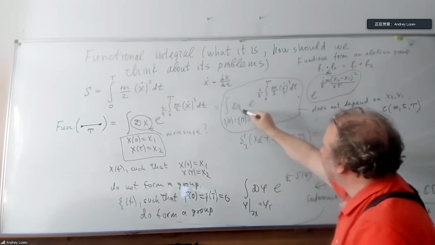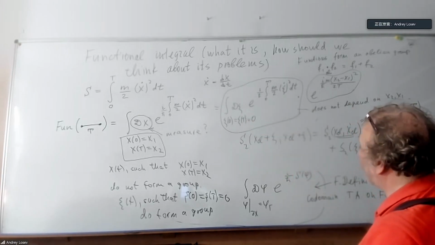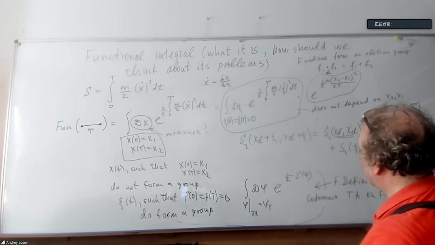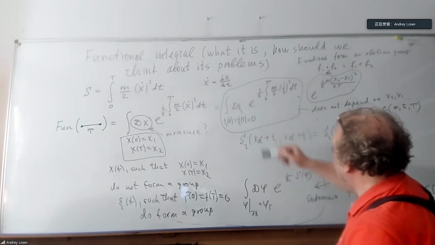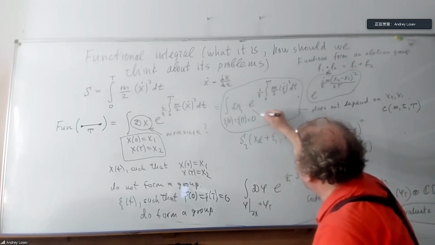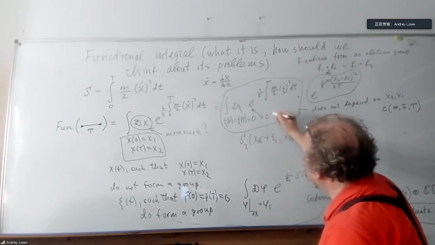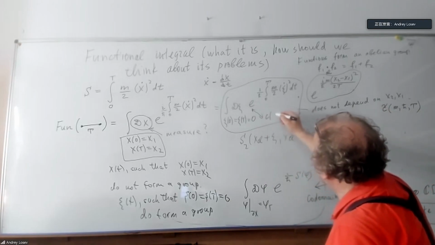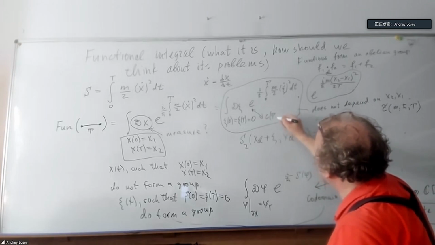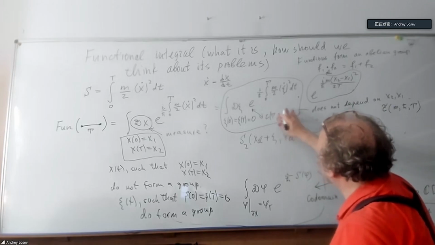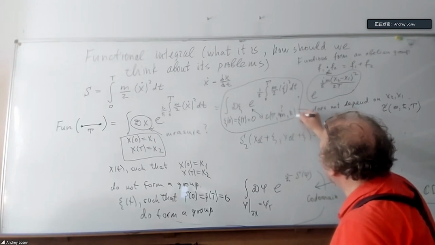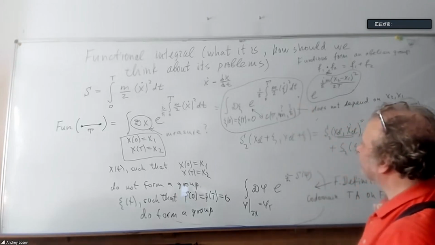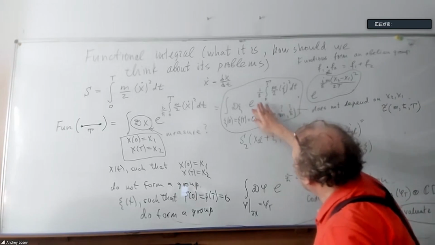This dxi was not defined yet. Because this dxi also contains some coefficient, C, that may depend on T. I don't know about M. I don't know about H. So which is the measure?